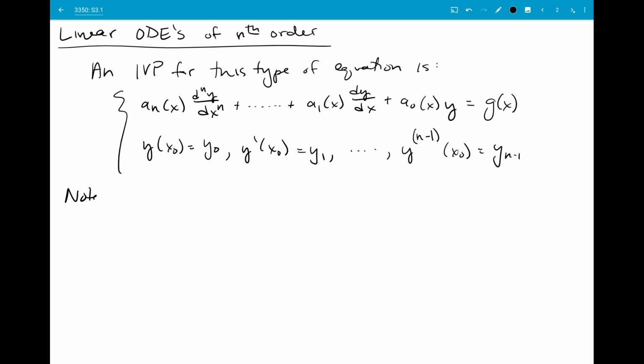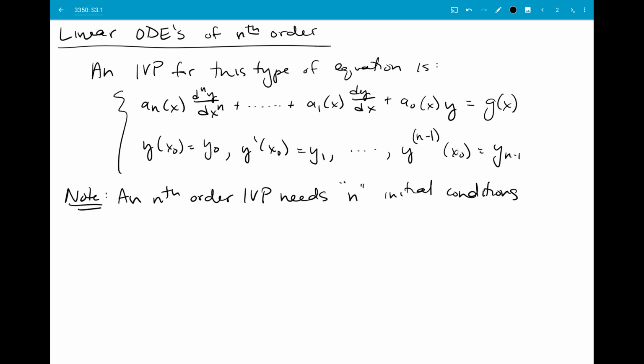Just important to note here, an nth order IVP needs n initial conditions. And remember, those initial conditions in an initial value problem help us solve for unknown constants. So in order to solve for our unknown constants in this type of problem, we need lots of values to plug in.